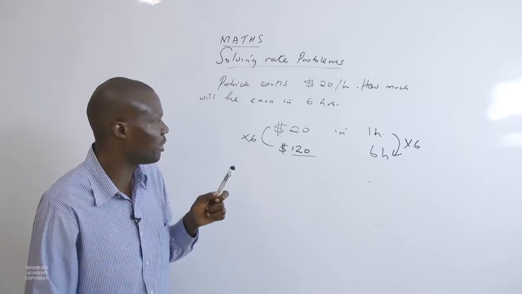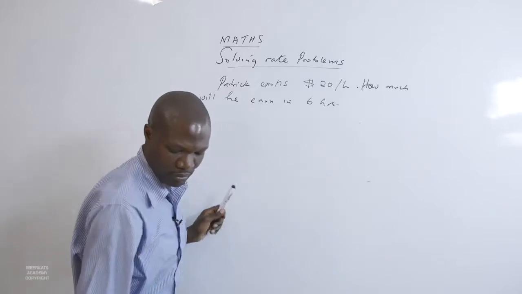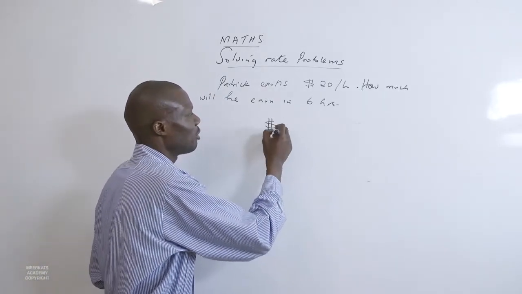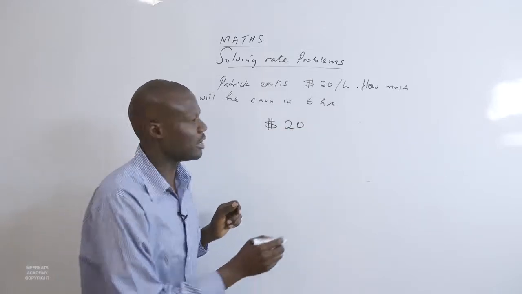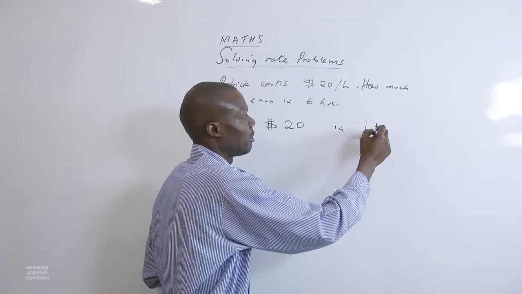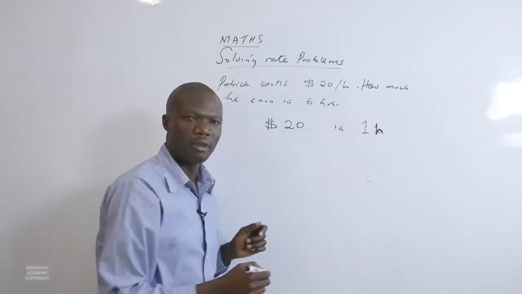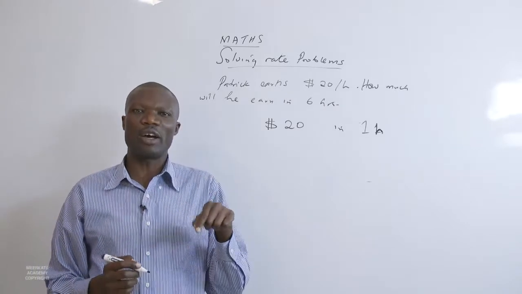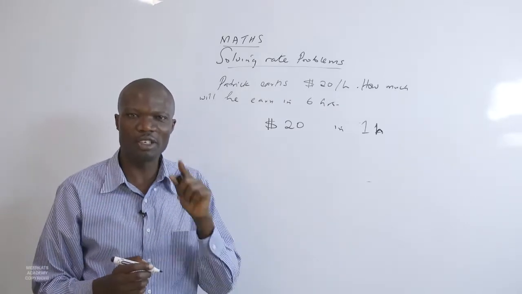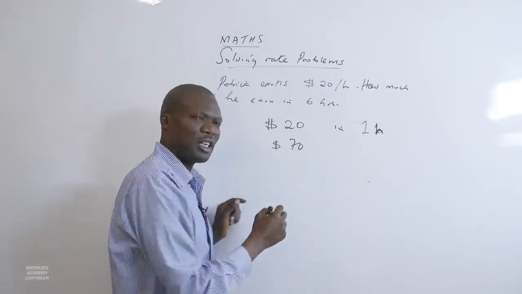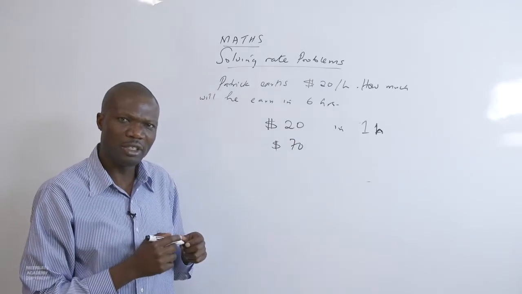What has happened to the dollar? Initially, he is earning a total of $20 in 1 hour. So the question is, how long does he need to work so that he earns $70?